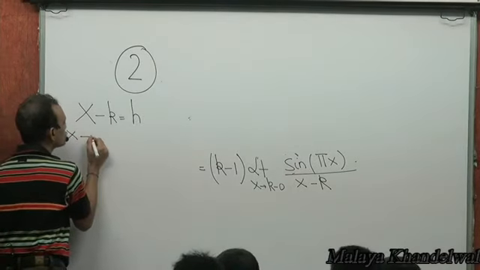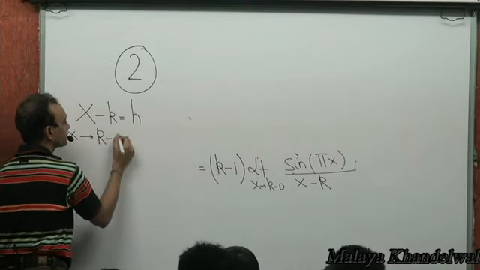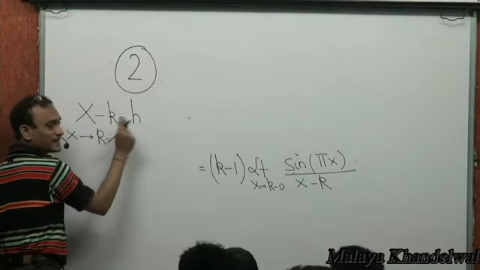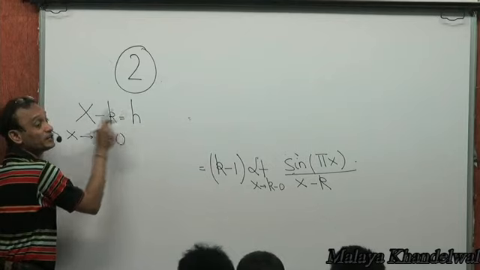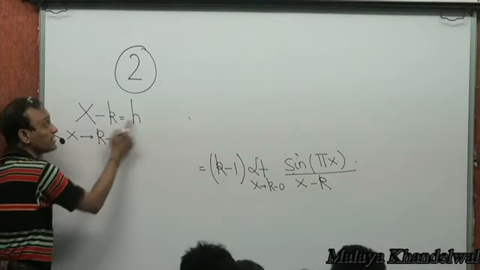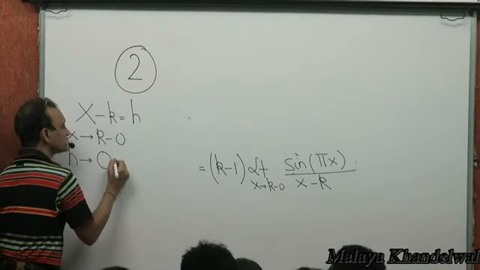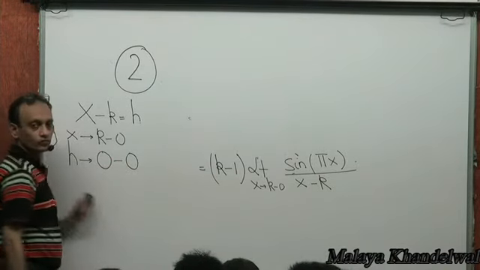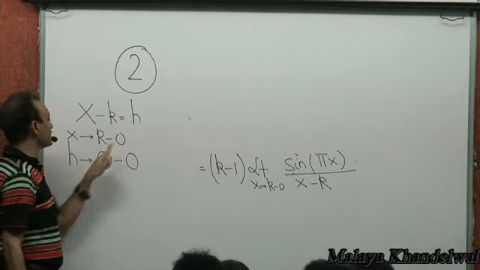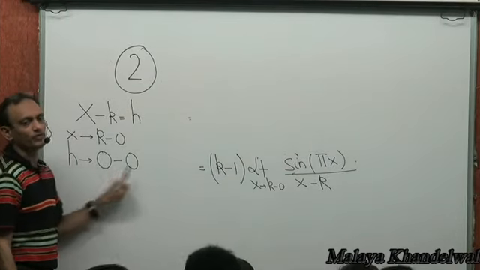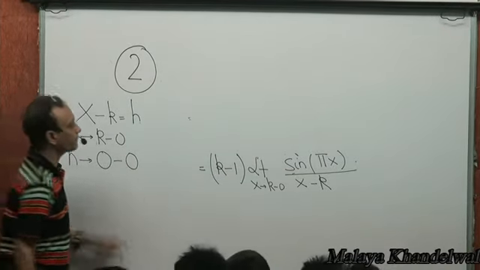As x tends to k from the less than k side. When x is slightly less than k, h will be less than 0 but tending to 0. h tends to 0 from the less than 0 side. Yes or no? As x tends to k from the less than k side, h will tend to 0 from the less than 0 side, right?